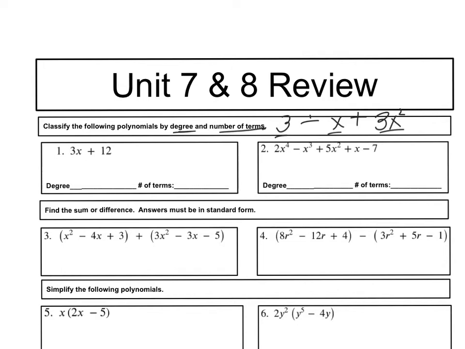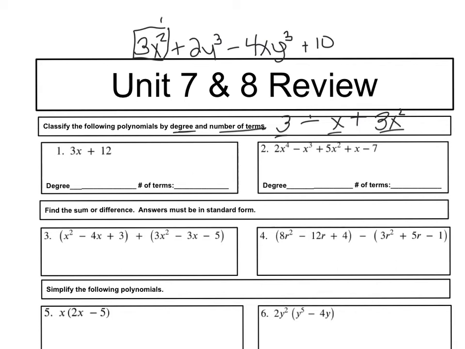So if I have 3x squared plus 2y cubed minus 4xy cubed plus 10, what you do is look at the degree of each term. And the degree of each term is going to be the exponents added up.